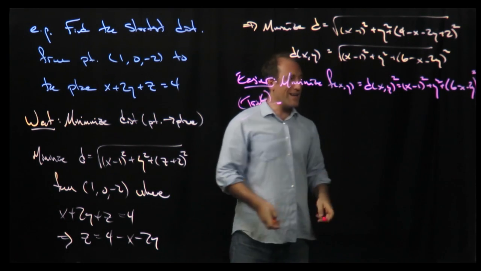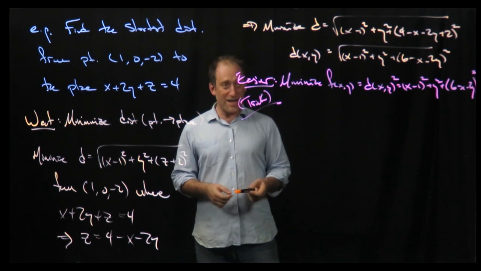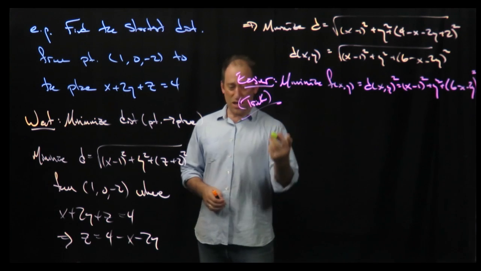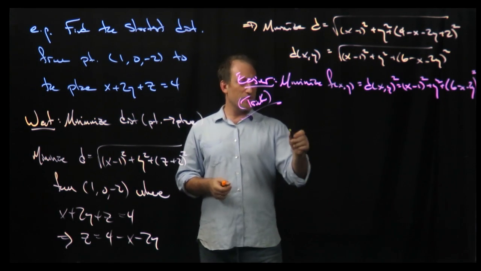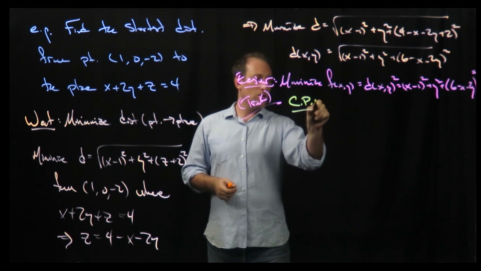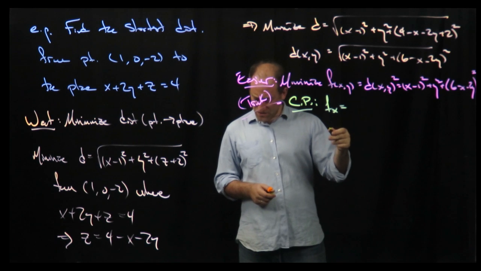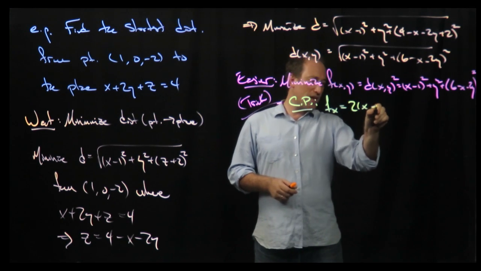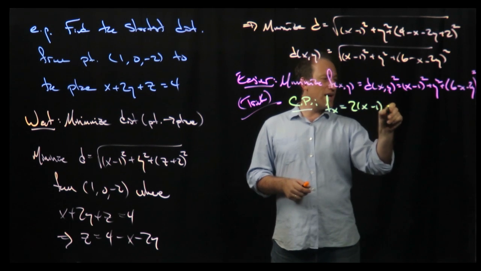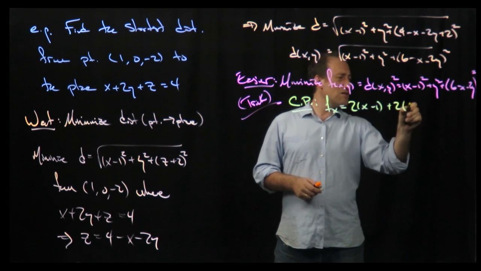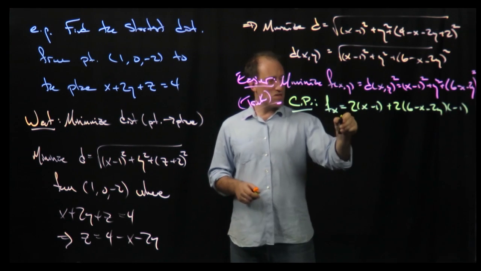All right, I can begin to play second derivative test. First, I need another color. And I need to find my partials with respect to x and y in order to find my critical points. Fx, this is going to require a small amount of chain, 2x minus 1, and then I lose everything with a y, and then plus a 2, 6 minus x minus 2y, times minus 1.